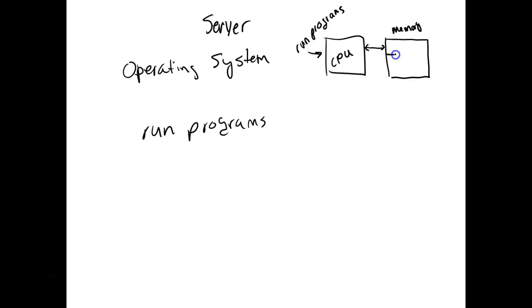We have two categories of memory. We have ROM, and then we have RAM. And ROM stands for read-only memory. And this is a lot different than when I first got into it.